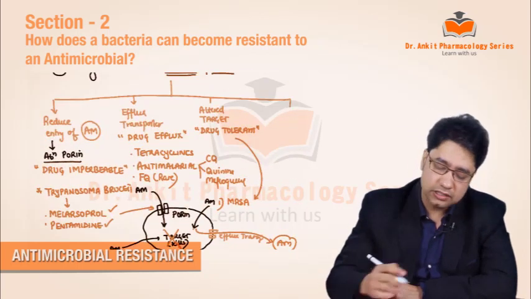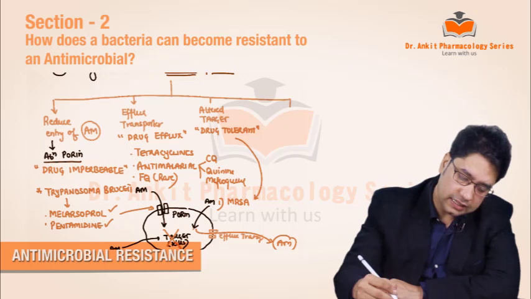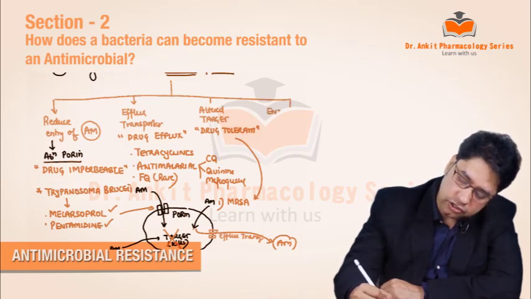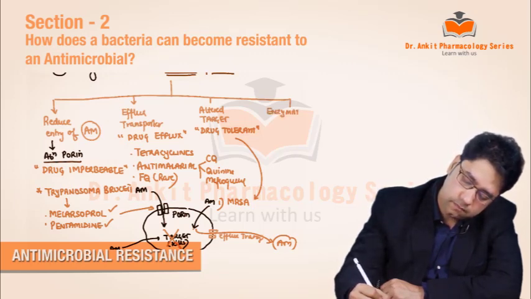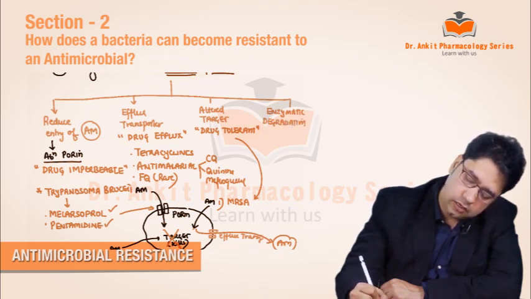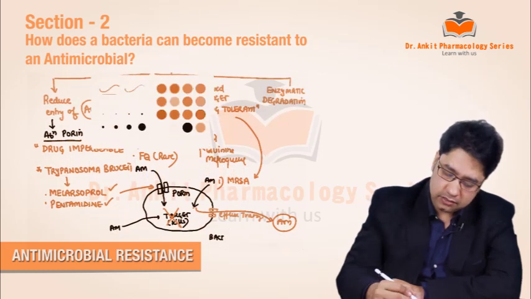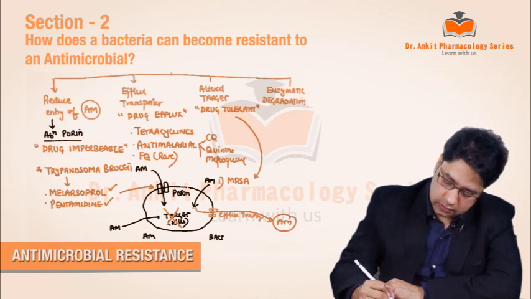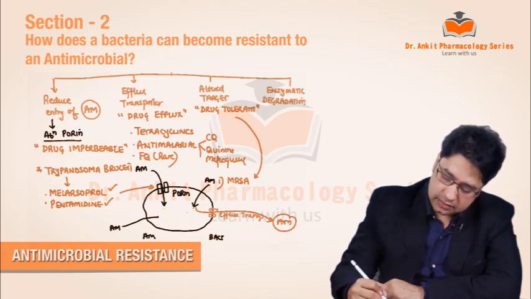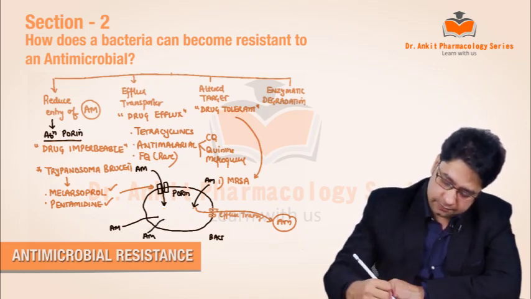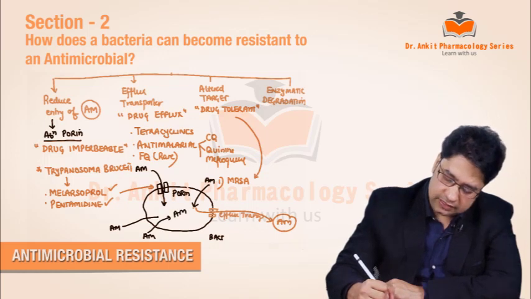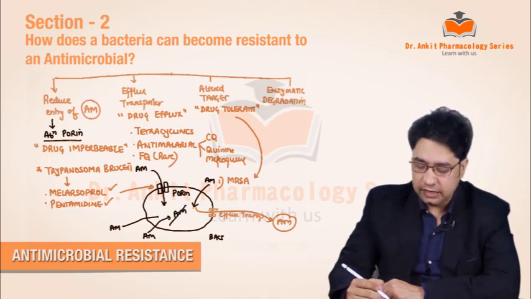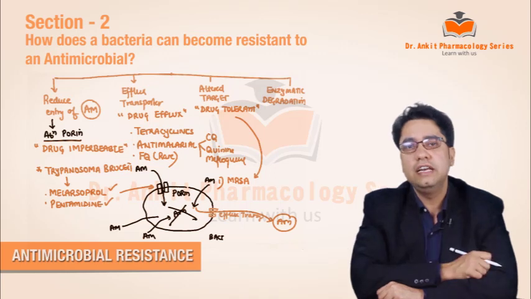Now let's come to the last mechanism that is known as enzymatic degradation. Enzymatic degradation means suppose there is an antimicrobial. This antimicrobial enters into a bacteria, and when it enters into a bacteria, the bacteria degrades this antimicrobial.